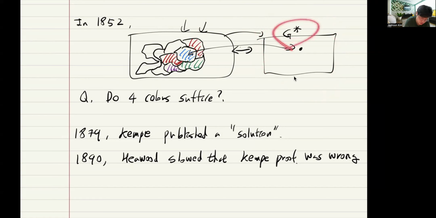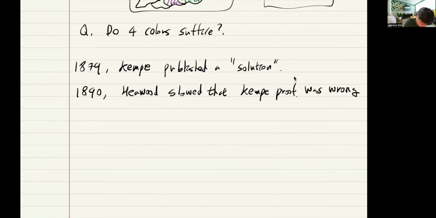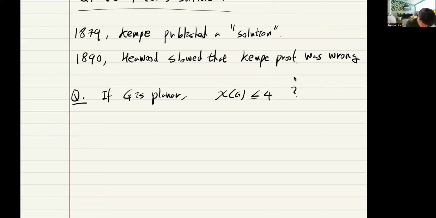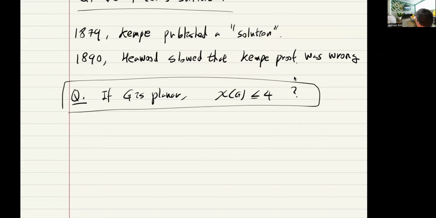And this dual graph is planar. So it's easy to check that what it's asking is that if G is planar, then its chromatic number is at most 4.